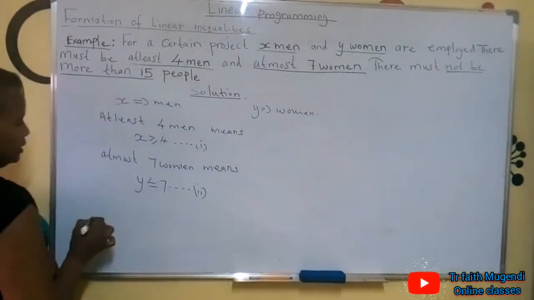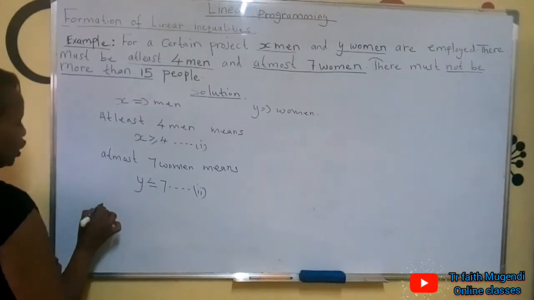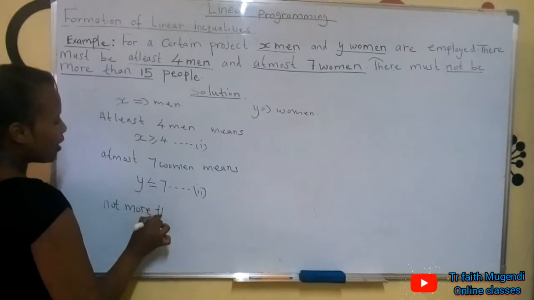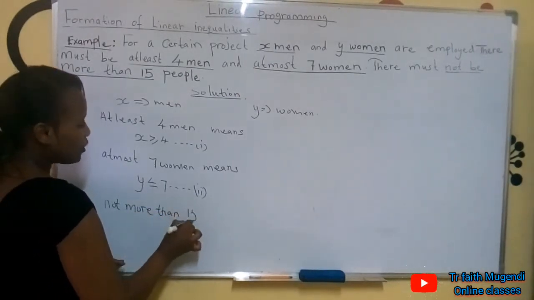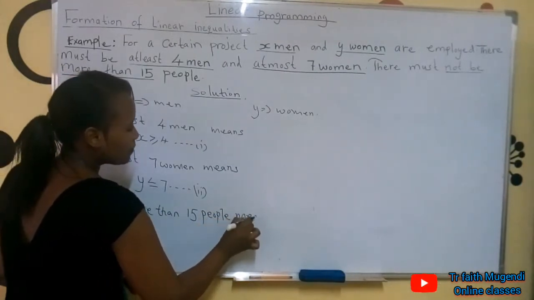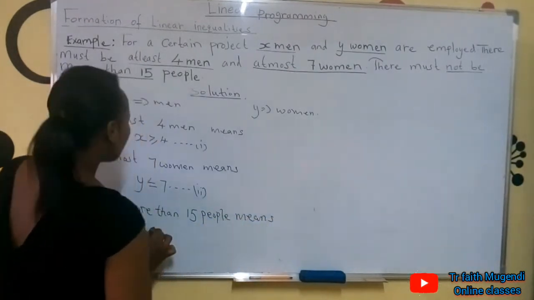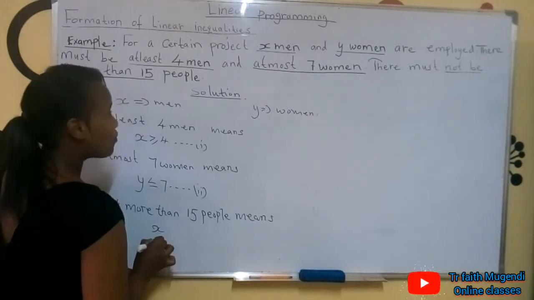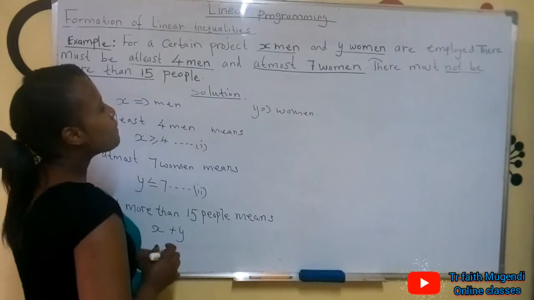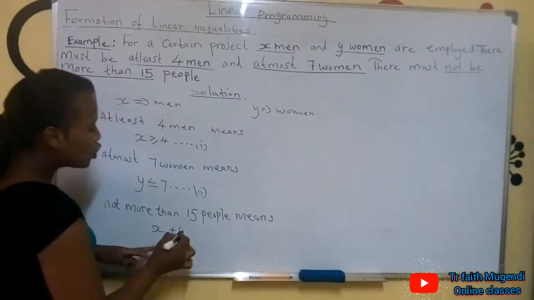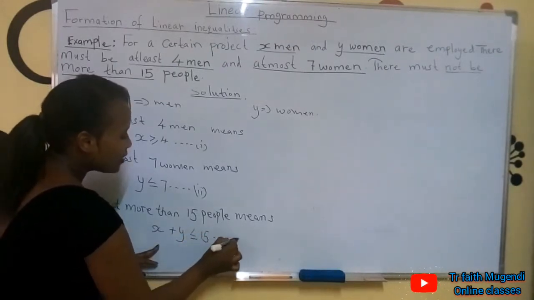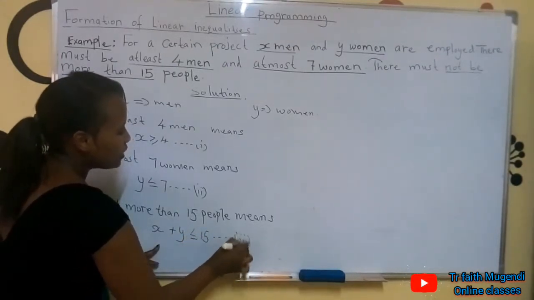So not more than 15 people means that X, the number of men, plus Y, the number of women, must not be more than 15. So it should be X plus Y less than or equal to 15. And this is the third inequality.